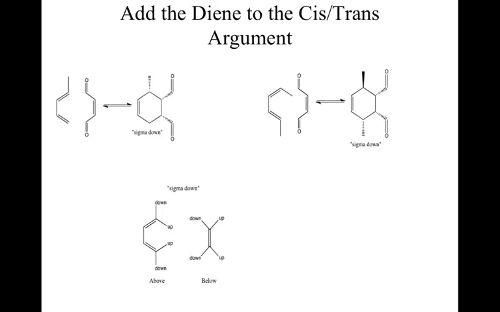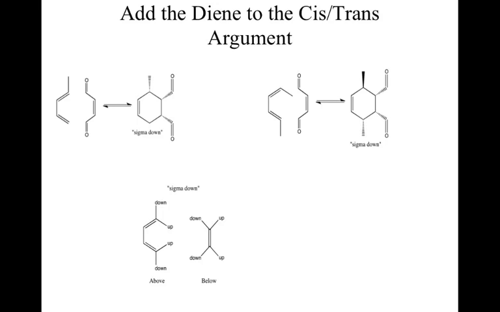Actually, before we do that, if we look at the sigma down pattern all the way through, we've got our starting materials now labeled with these individual positions. So that if you look at the proper orientation of those, you can now predict where those groups go in the final product.